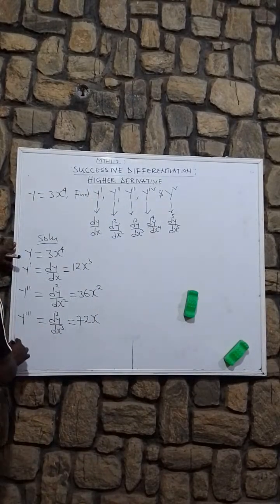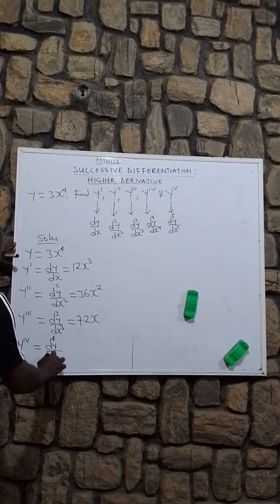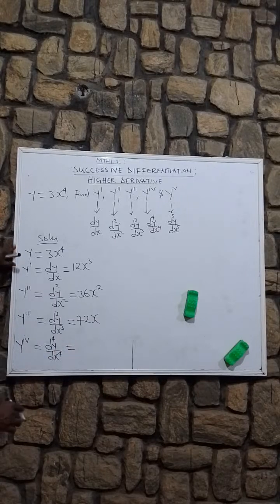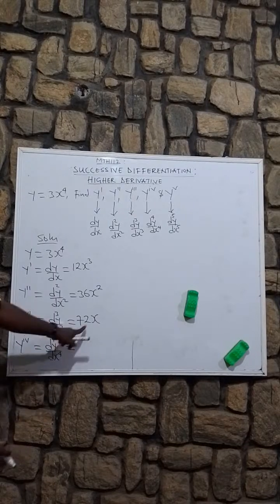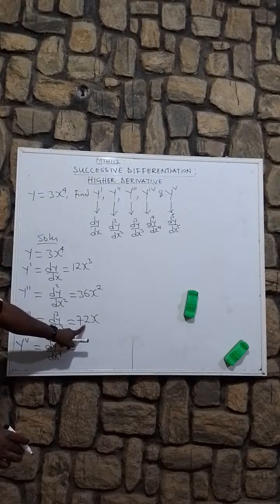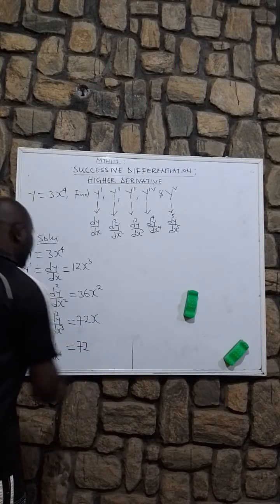Then we are going to differentiate y triple prime to obtain y iv. That is y iv equals d raised to the power 4 y over dx raised to the power 4. If you differentiate this 72x, you are going to have 72, right?